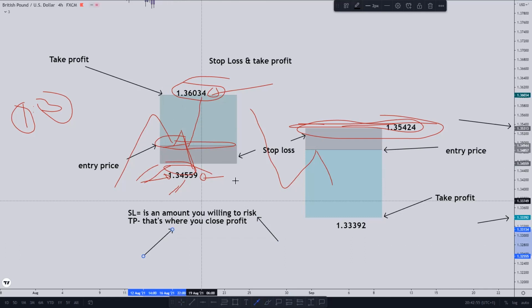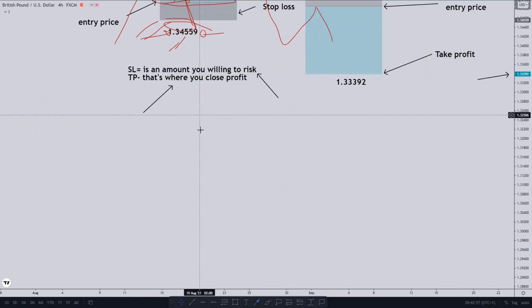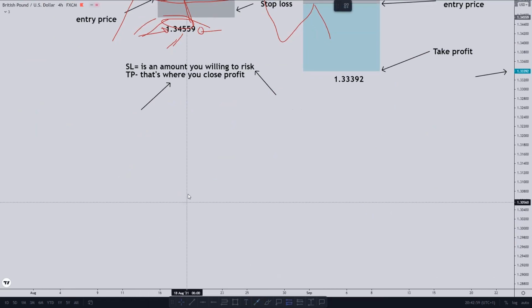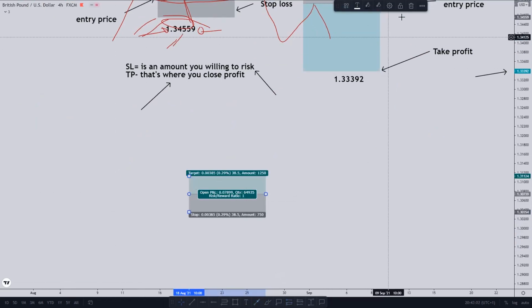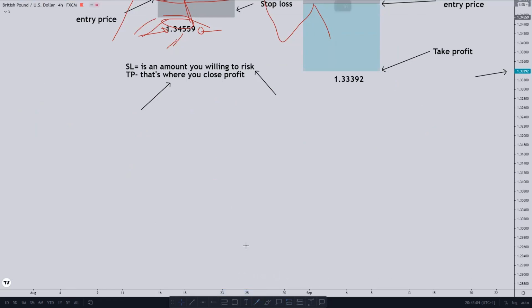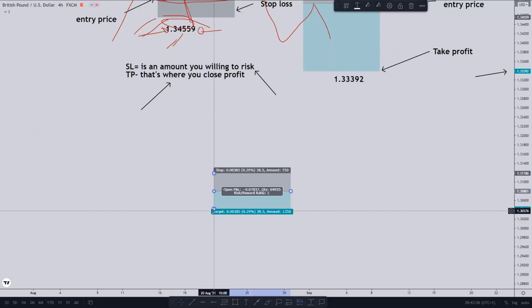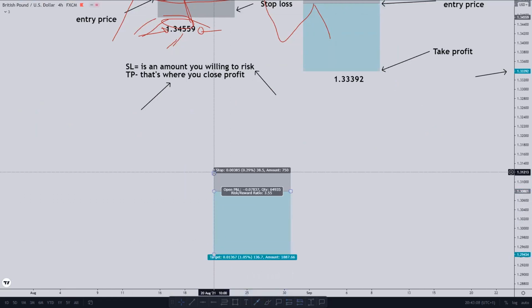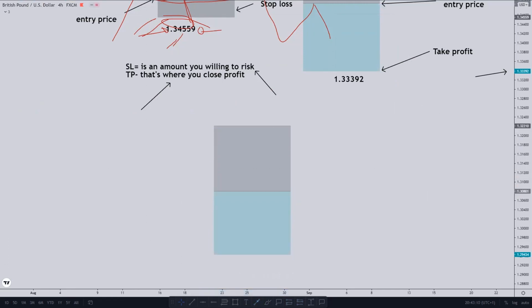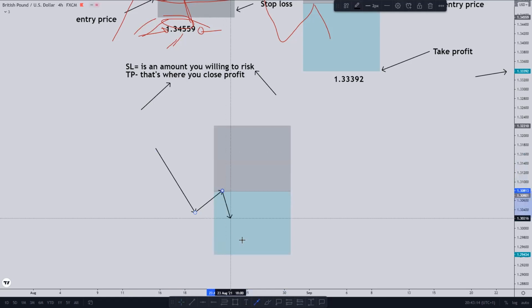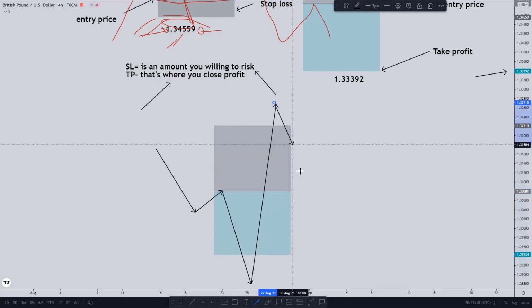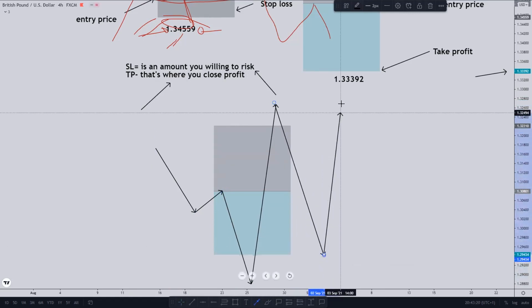Because remember, if you don't have any of these and the market moves, let me just do this quickly. Let me just do the downside so that I have enough space. The market moves like this, and without a stop loss, the market moves down, comes back up, moves down, and moves up.